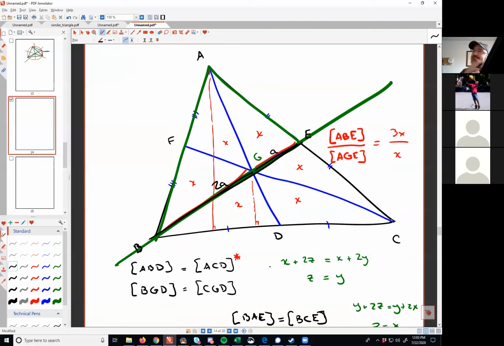And it's because of these little equal areas that we can say that. It's using that same height to the base principle that we can compare the areas in order to compare the lengths. So we've proved that the medians of a triangle divide each other into 2-to-1 ratios. And that's probably a fact that most of you knew before.